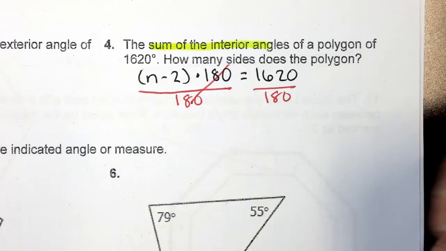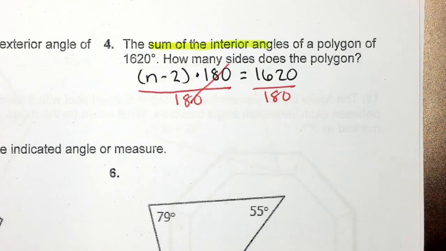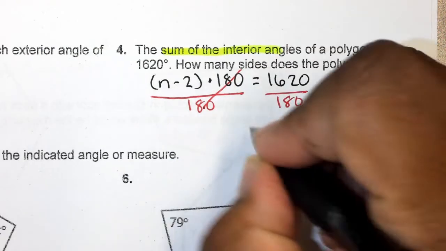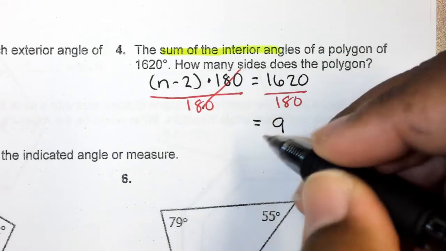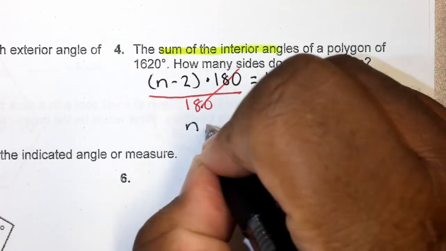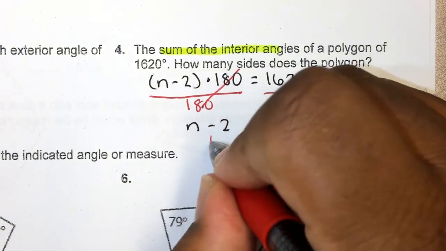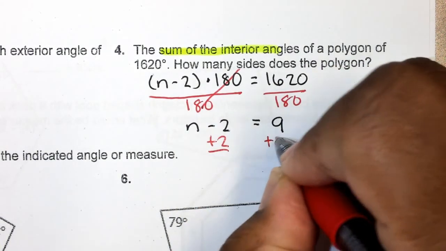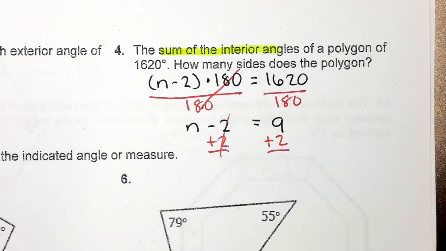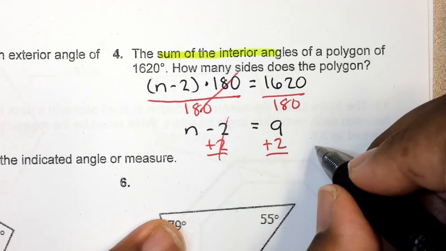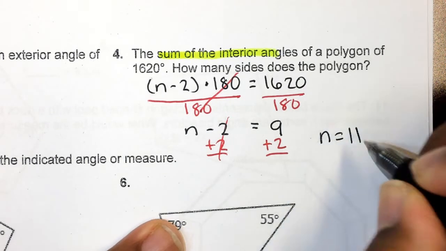Canceling that over here. On this side, 1620 divided by 180. What do you say? 9. So I'm going to get 9 over here. I'm going to bring down my n minus 2. I can drop the parentheses now because that's all that's left. n minus 2. So I'm going to add 2. If you think about it, all we're doing is what we did the other way, just in reverse. And I'll explain that after we solve. And so we did plus 2, n equals 11.